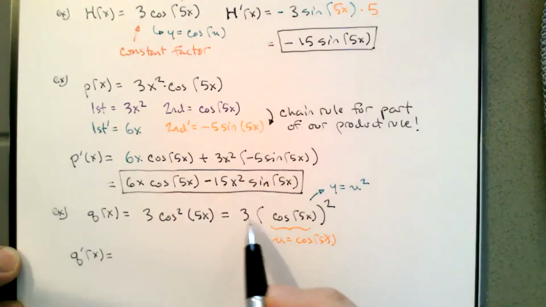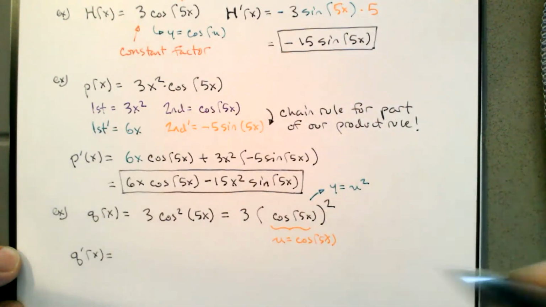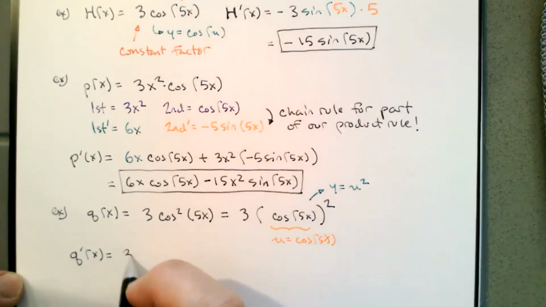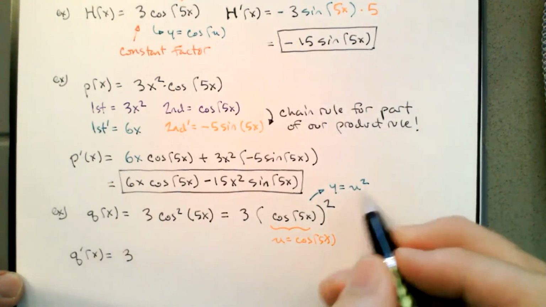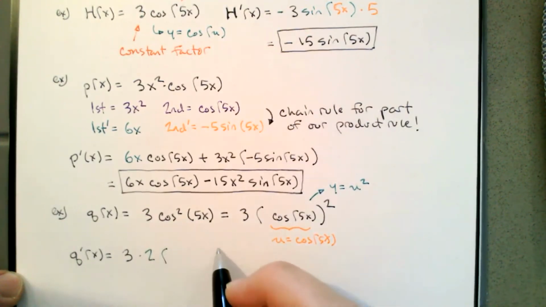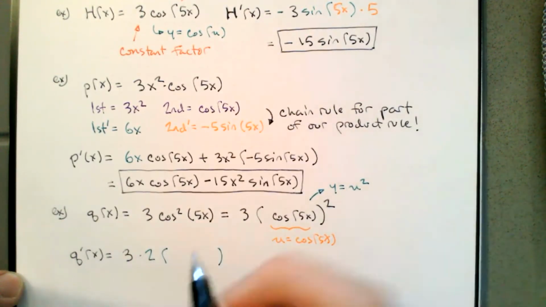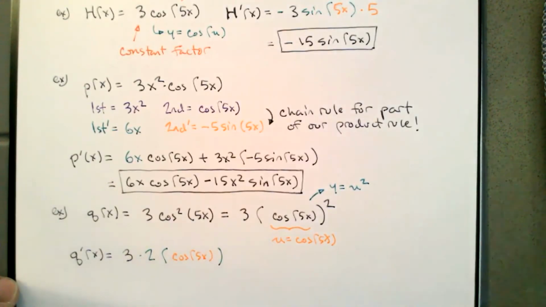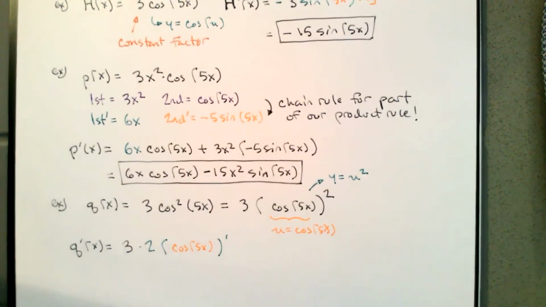The derivative of 3 times something squared, 3 is a constant factor. So the derivative of 3 times u squared is going to be 3 times the derivative of something squared, which is 2 times that thing to the first power. And then we have to multiply by the derivative of that thing.